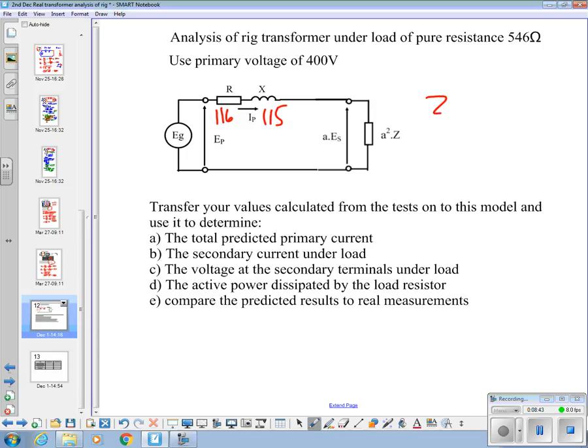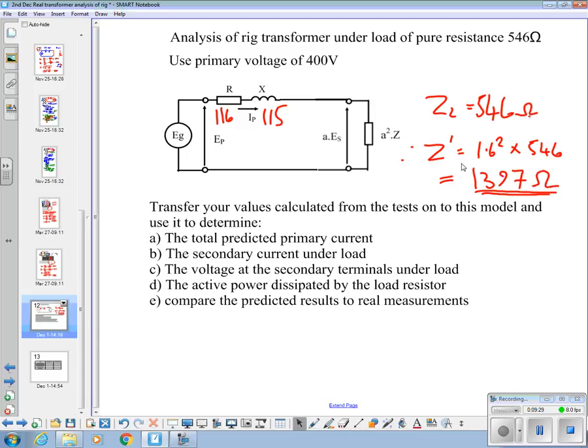Just make a note here. ZL was 546 ohms. So therefore Z dash is 1.6 squared times 546 equals 11397 ohms.